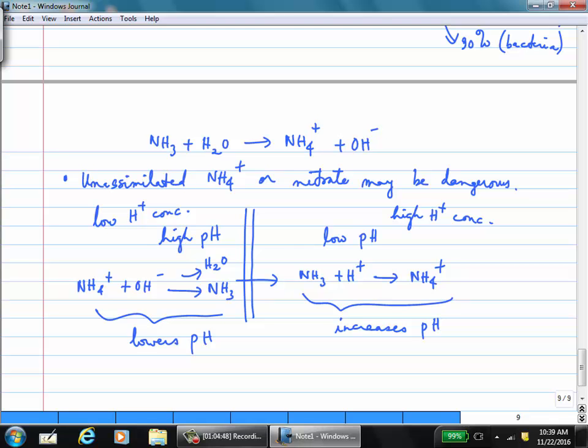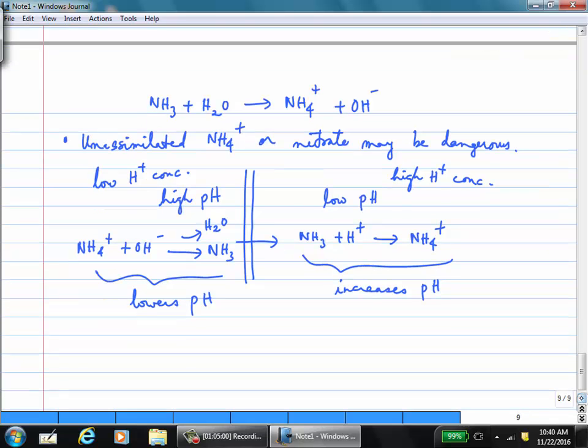On the left-hand side the pH was high, right-hand side it was low, so this will bring it to a situation where there is no pH difference between the two. All those essential processes are going to stop. The cell will die. So this makes the point that unassimilated ammonium or nitrate ion can be dangerous, and that's probably one of the reasons why animals have a strong dislike for the smell of ammonium ion.